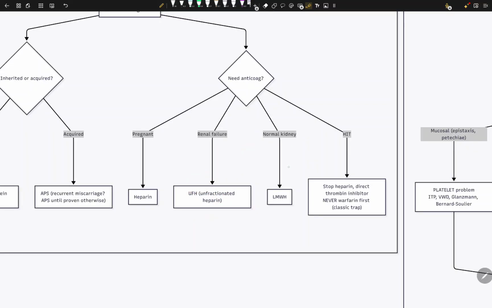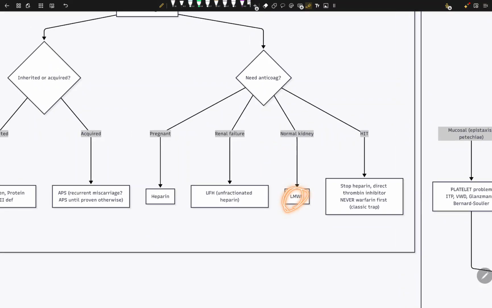But in the case of low molecular weight heparin, we don't want to give this in renal failure patients because it's really dangerous, and it doesn't get metabolized by the liver really fast, and then we have this low molecular weight heparin going through the kidney, and it's dangerous because it's really small and it gets through, and then we have some sort of renal failure.